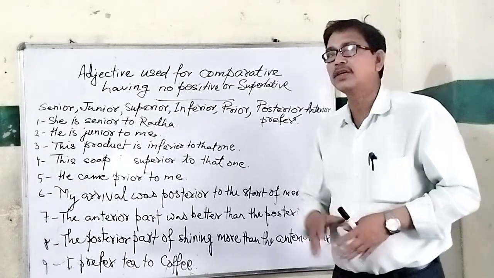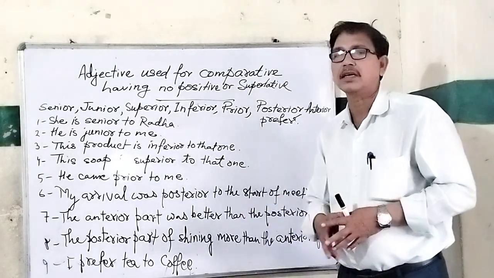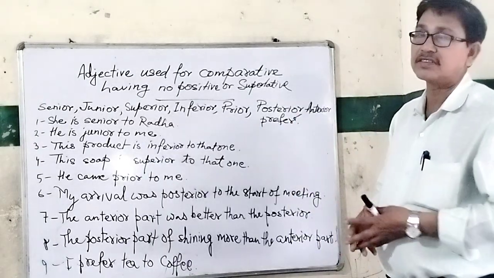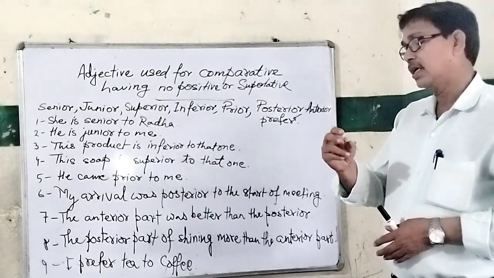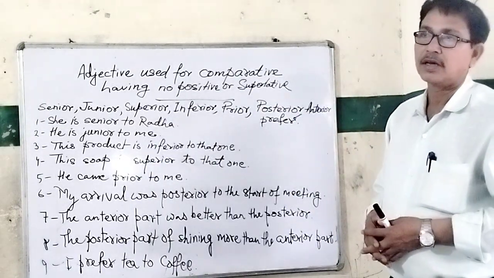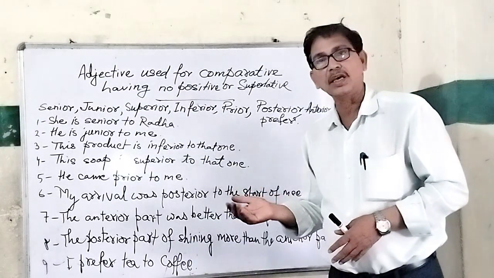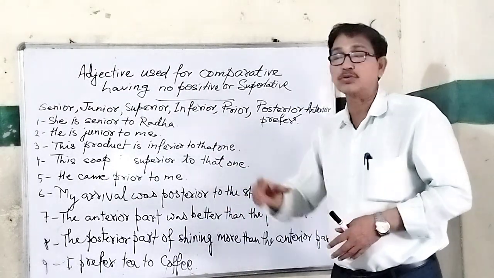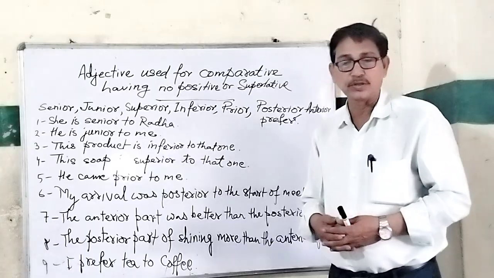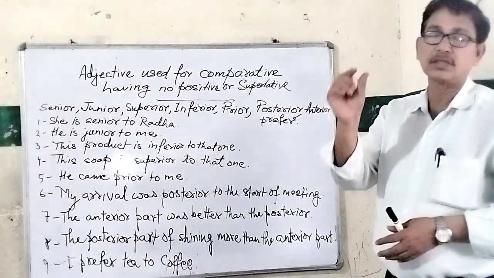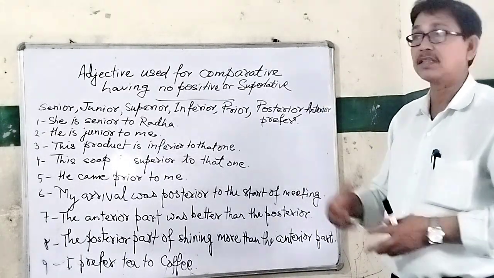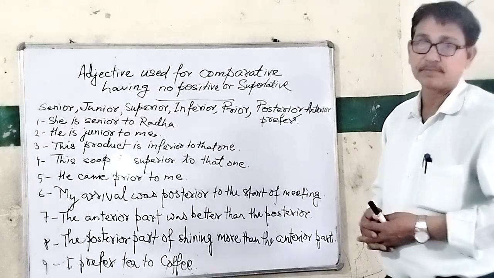So in the previous video we discussed comparative degree and their different functions, that they are used in different styles, how to compare two things. Sometimes we use the comparative degree but in the sense of superlative degree.